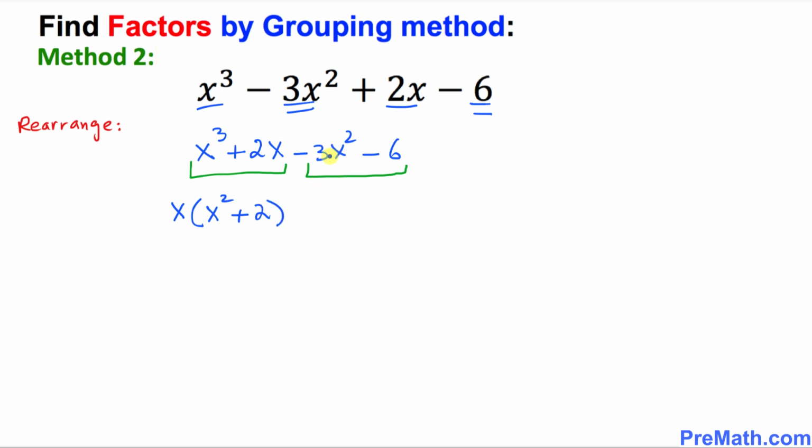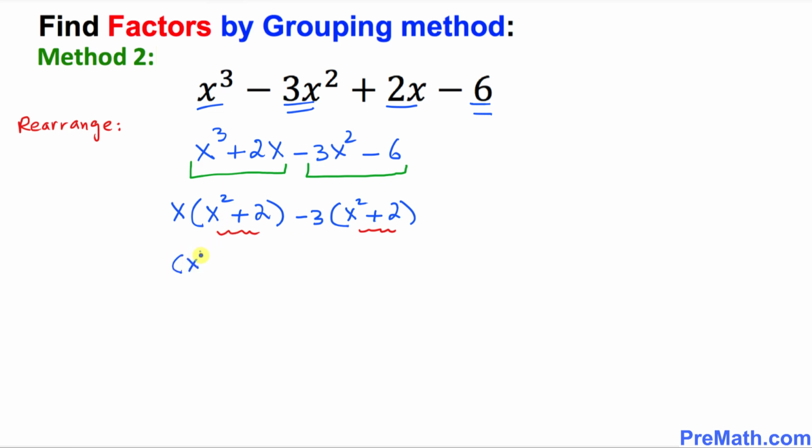All right. And in the second group, you can see negative 3 is in common. That is our GCF. You bring that out. So in the parentheses, we are left with x squared plus 2. So far so good. Once again, as you can see, these two parentheses are in common, so I'm going to bring that one outside.